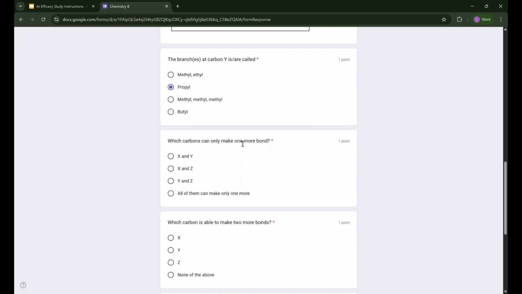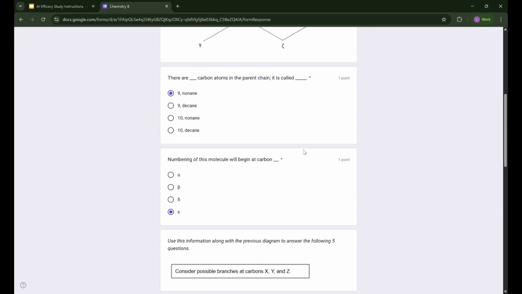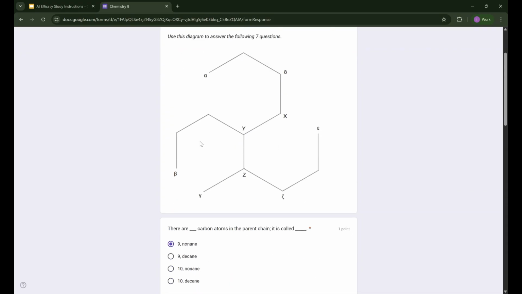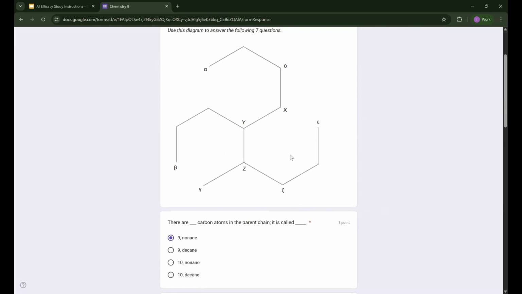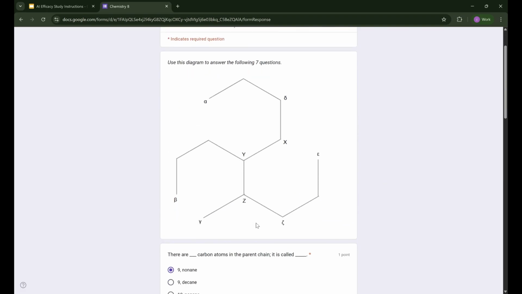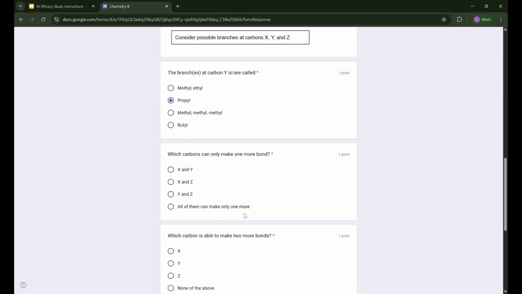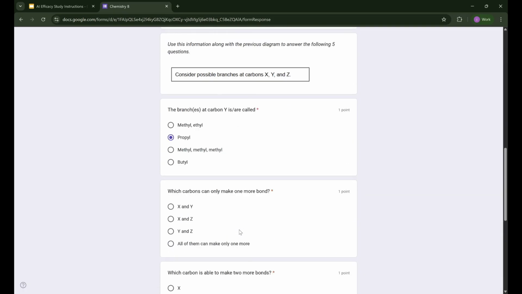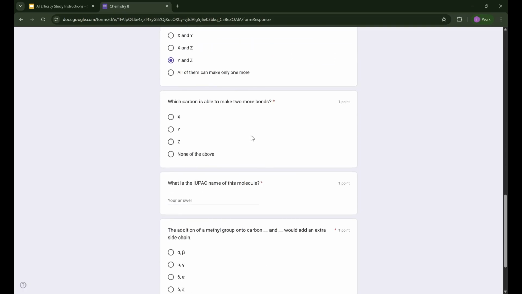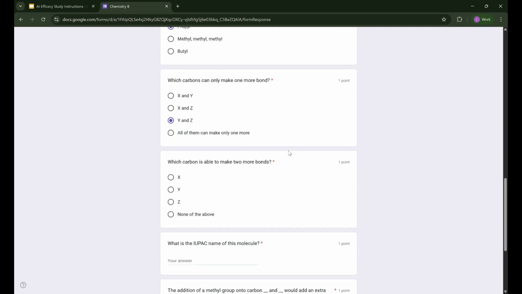Which carbons can only make one bond or more bond? X and Y, X and Z and Y. So X, Y, Z. Oh yeah, I think it's Z and Y because carbon can only make 4 bonds, and these already have free filled. So I'm fairly confident it's Y and Z. Which carbon is able to make 2 more bonds?